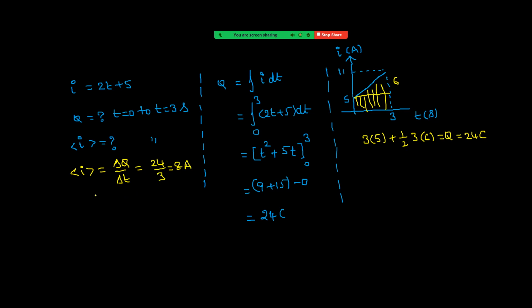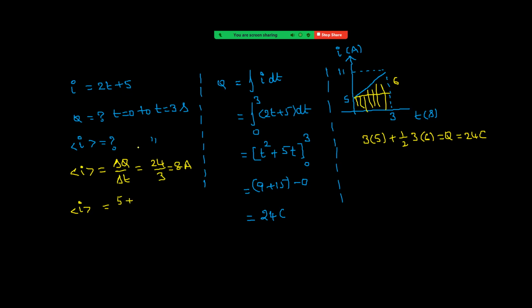And students, if you remember, whenever a function changes linearly, then its average value is given by initial value plus final value by 2, right? We can solve in that way also. See what's the initial value. When t equal to 0, current equal to 5. Initial value 5.